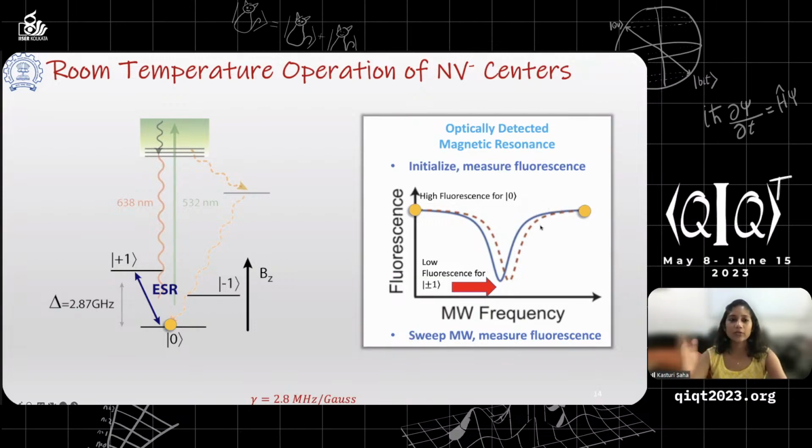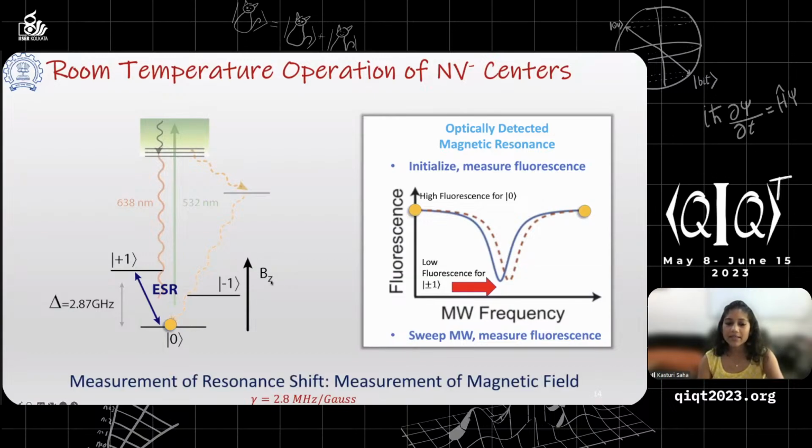As you sweep the microwave frequency, you will trace out a resonance curve that looks like this blue curve. Now, when you apply a biased magnetic field, what happens is that these lines, the +1 and the -1 levels, will Zeeman shift with respect to each other. It's not just the BZ field. You can also apply any arbitrary field.